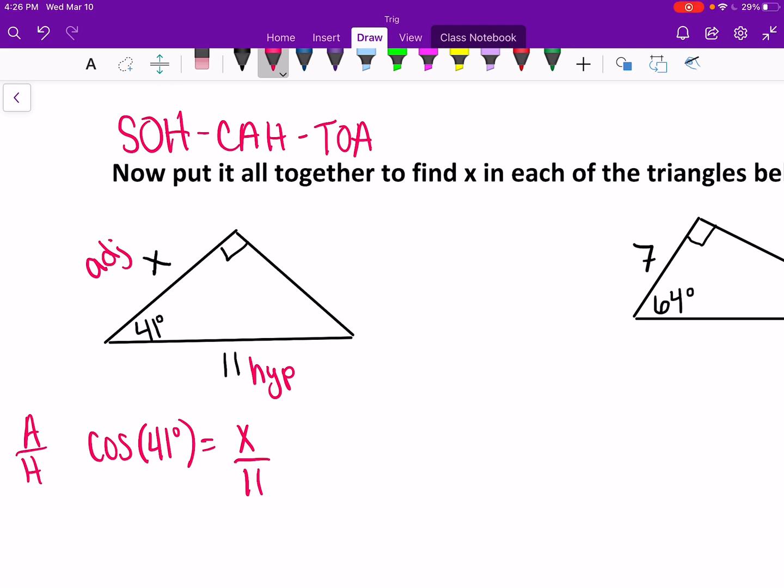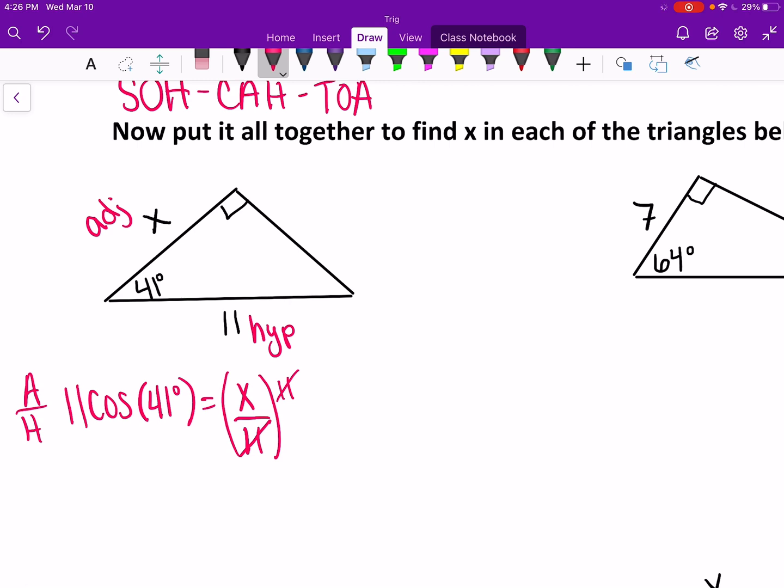Since we have x divided by 11 on the right, to get rid of that 11 in the denominator, I'm going to multiply by 11. So we have 11 on the top and an 11 on the bottom, so they cancel. And now I also have to multiply by 11 on the other side. If you multiply something to one side of an equation, you have to multiply it to the other side as well.